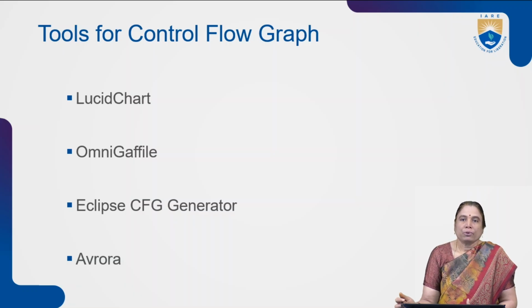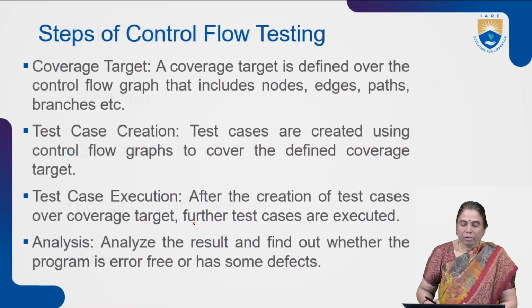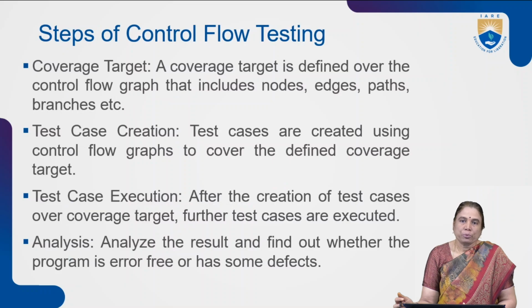This control flow graph can be drawn manually or with the help of software tools. The popular software tools for control flow graph creation are Lucidchart, OmniGraffle, Eclipse CFG Generator, and Aurora. So these are the software tools that can be used to draw control flow graphs.